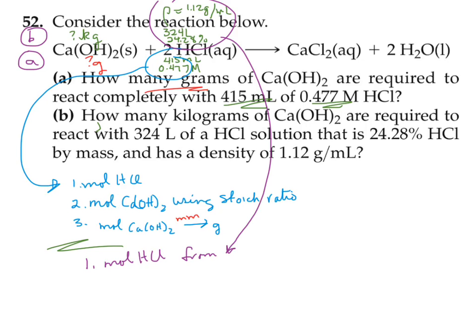Bottom line, what it says in purple is what you did before: you use weight percent, density, volume, and molar mass to get to moles. Once you have moles, it's like the other one. We get moles of HCl, use stoichiometry to get to moles of calcium hydroxide, and once we know moles of calcium hydroxide, we can get to grams of calcium hydroxide using the molar mass. Okay?